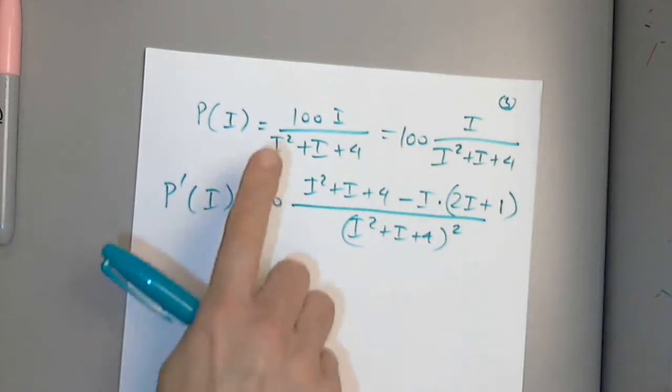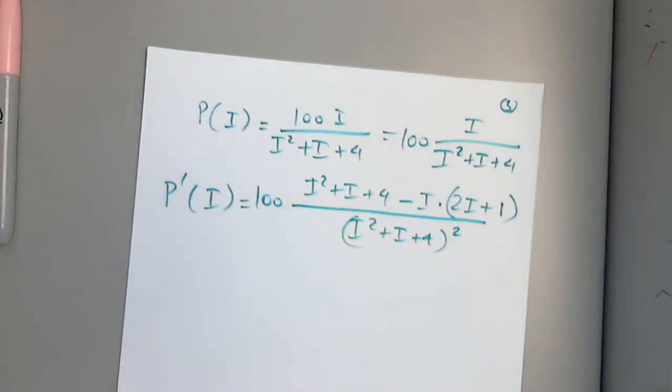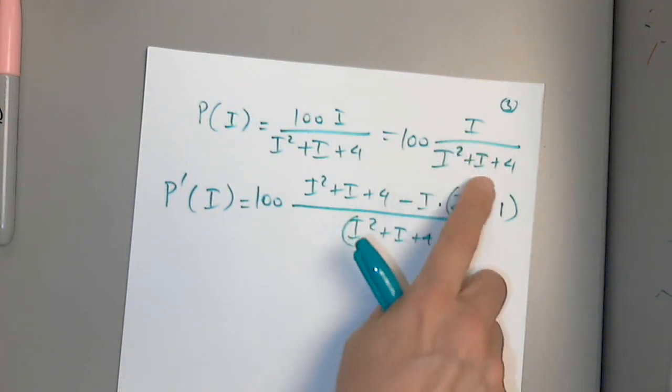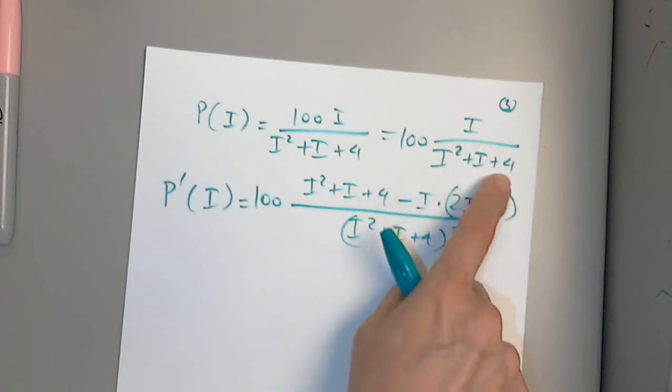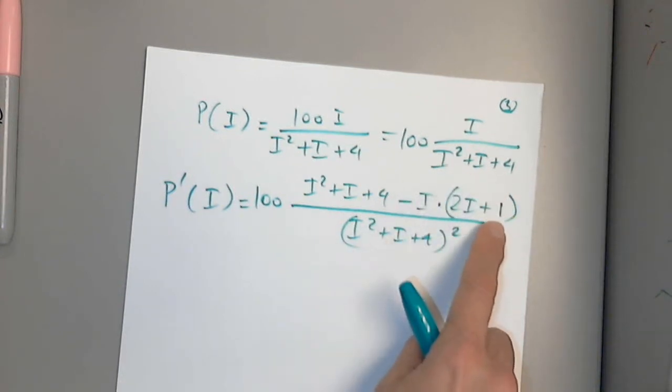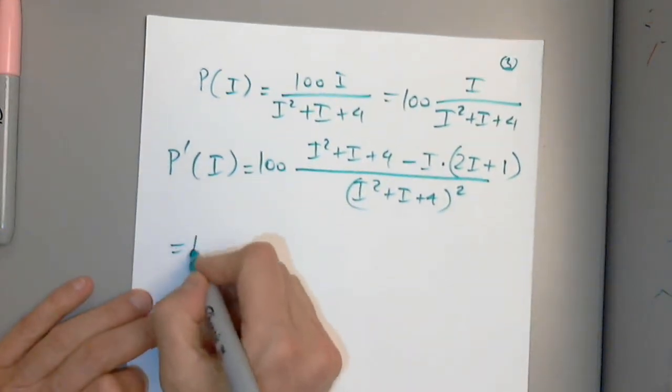Right? So I put the constant in front like I always do, just to simplify things. Top prime is 1, so times the denominator minus top times the denominator prime, 2I plus 1. So far, so good? Okay, so leave 100 waiting.